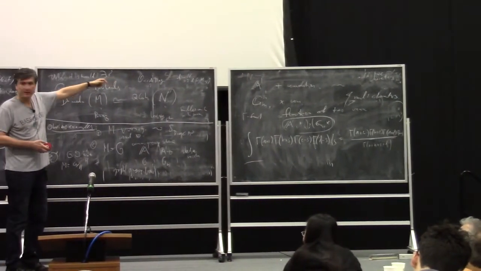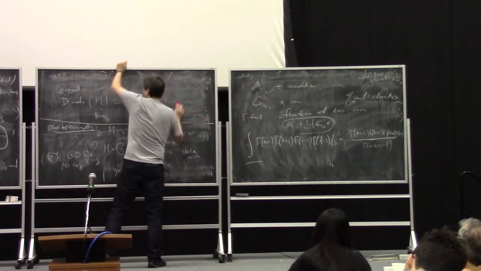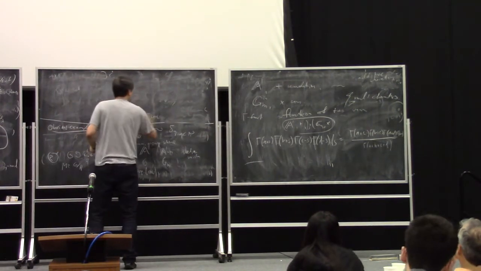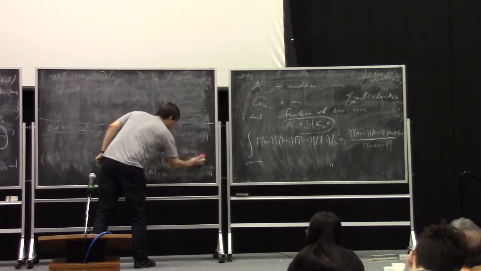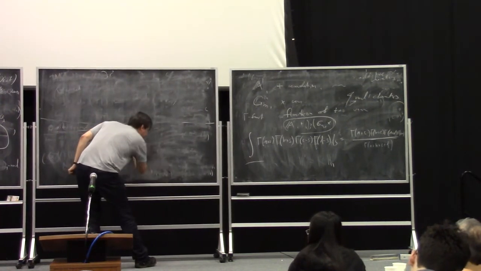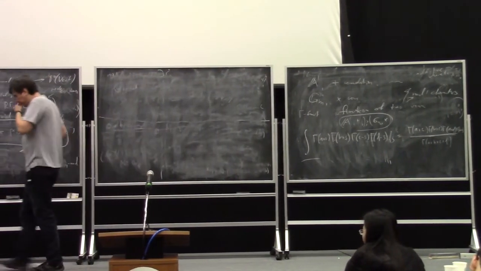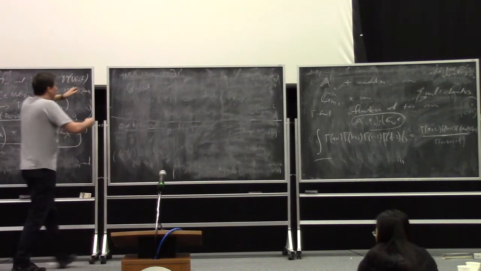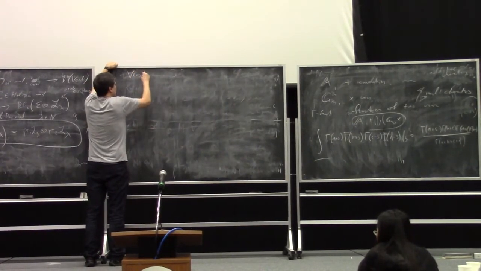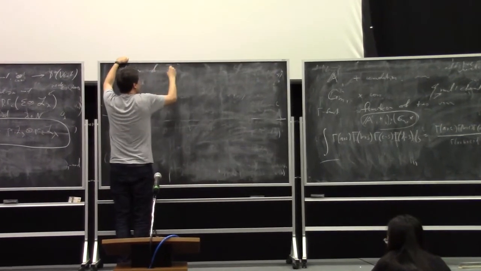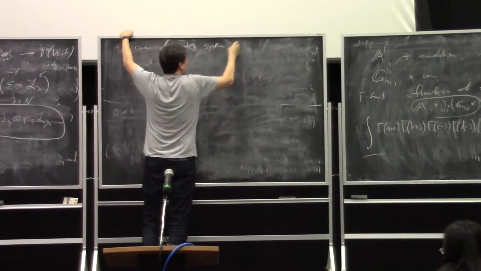I'll explain in a second how to formulate and prove it. One can make a version of this whole story. Integral systems now will be over finite fields.